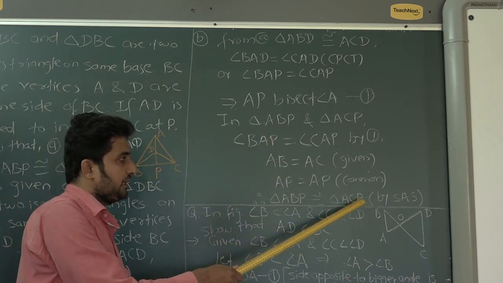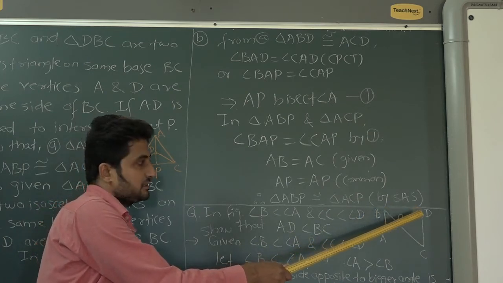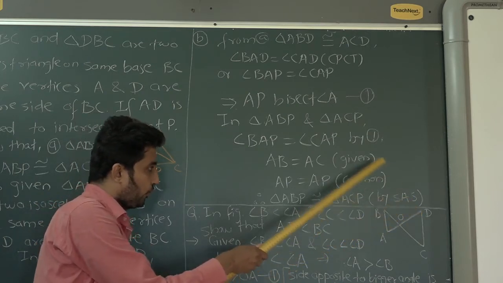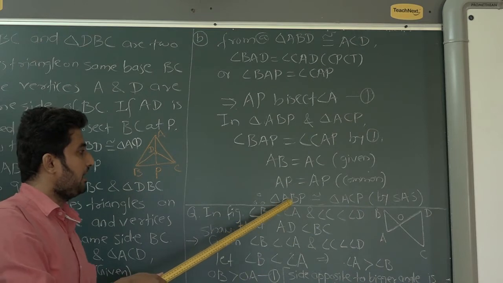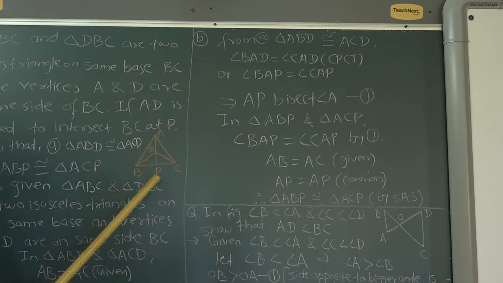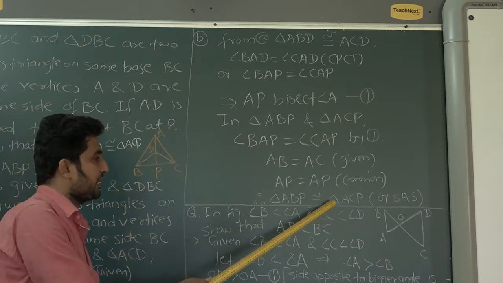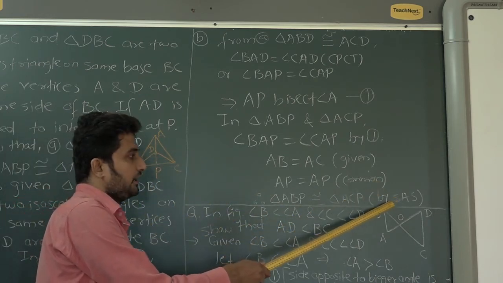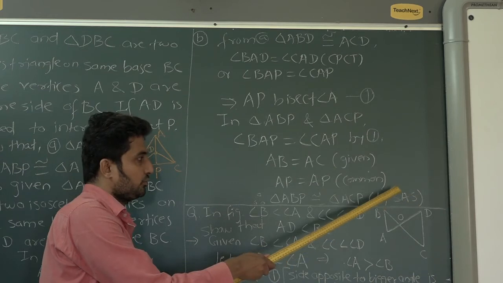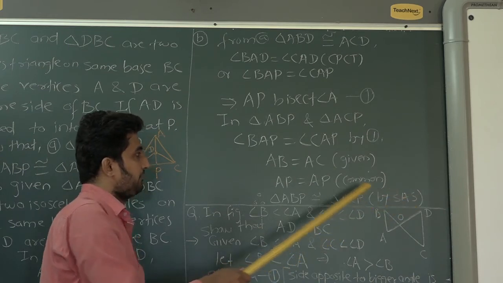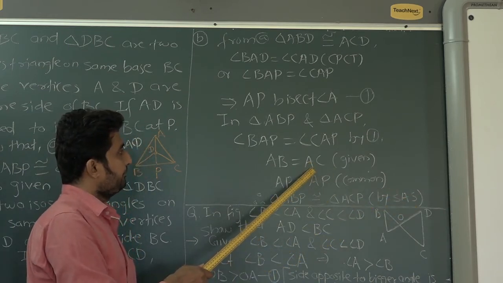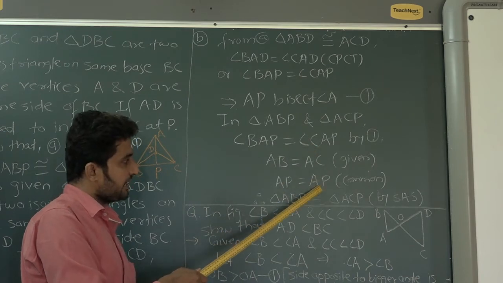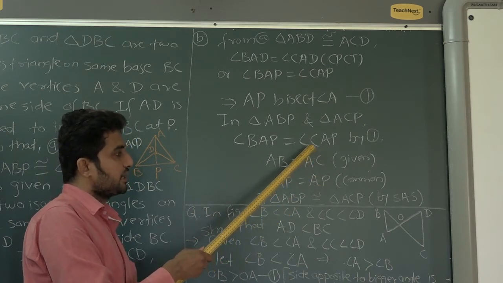By using the side angle side rule, we can say that triangle ABP is congruent with triangle ACP. This is by use of the SAS rule, which is known as side angle side. Side, this angle, and this side again, means two sides and one angle.